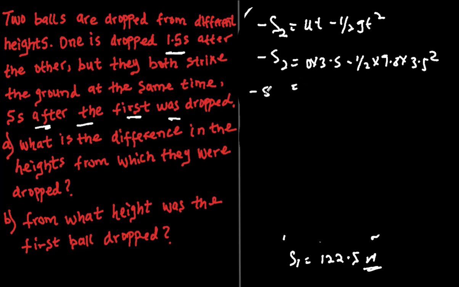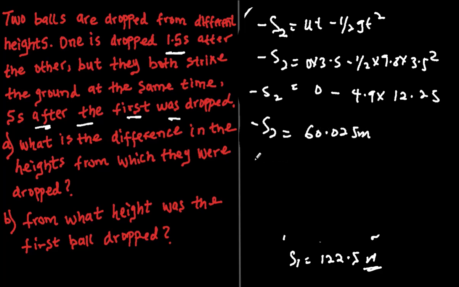So 0 times 3.5 is 0, minus half of 9.8, which is 4.9, times 3.5 squared. 3.5 squared is 12.25. So negative s2 is equal to 4.9 times this, which is 60.025 meters. So negative cancels negative, and s2 equals 60.025 meters.